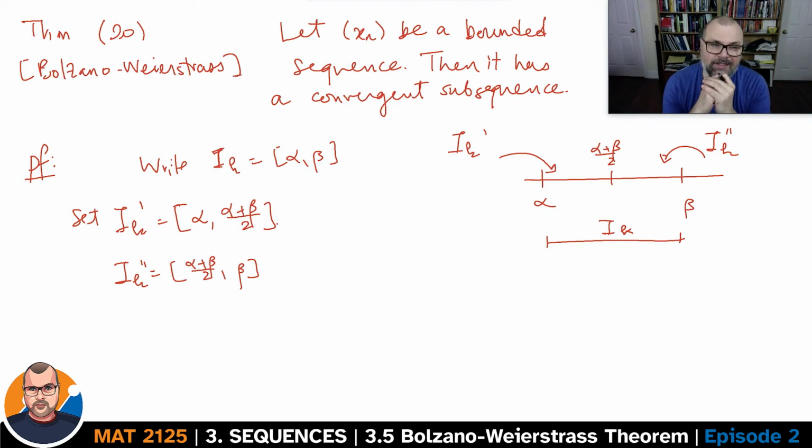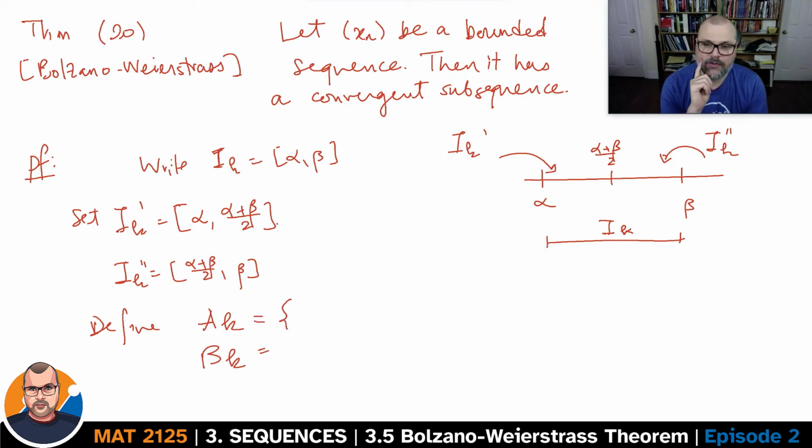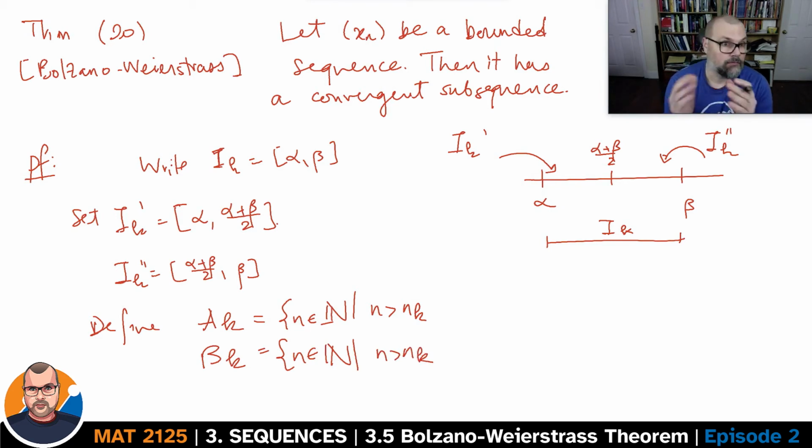Now we define sets A_k and B_k. They're going to be sets of integers, specific integers which are all greater than n_k. We already have an n_k by assumption in the induction step. So here we're looking for the indices greater than n_k which belong to the interval I_k prime.